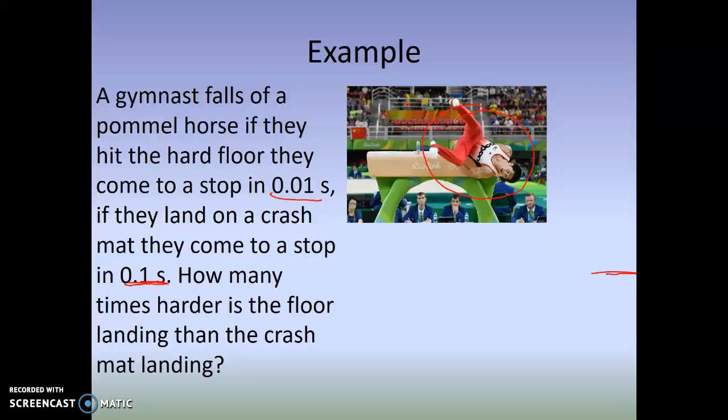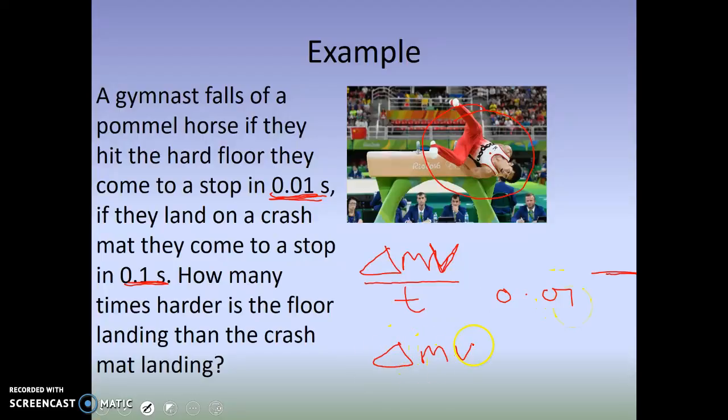So the force is the change in momentum, delta mv, over time. In the first case, we're dividing by 0.01. In the second case, we've still got the same change in momentum, delta mv, but we're now dividing by 0.1.